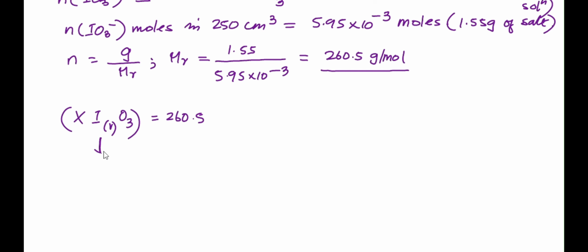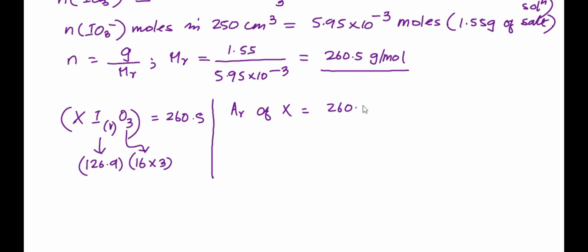Since we know the AR of iodine 126.9 and the AR of oxygen, which is 16 times 3 of them here, we can easily calculate the AR of the mystery element here, X. Hence AR of X is equal to 260.5 take away 126.9, add 16 times 3, and putting into the calculator we get this as 84.73 approximating to 85.